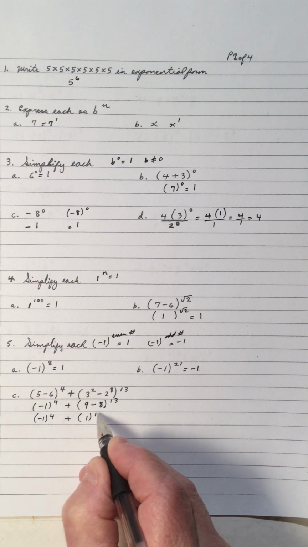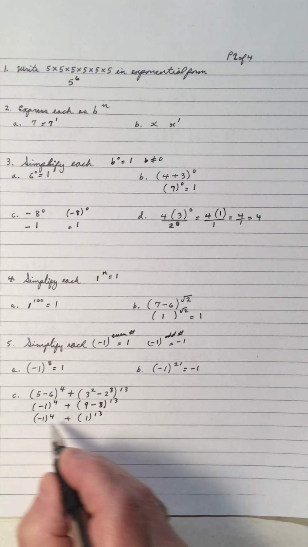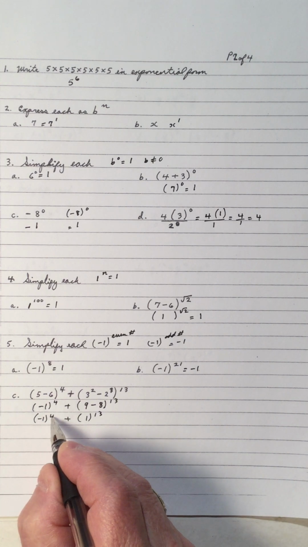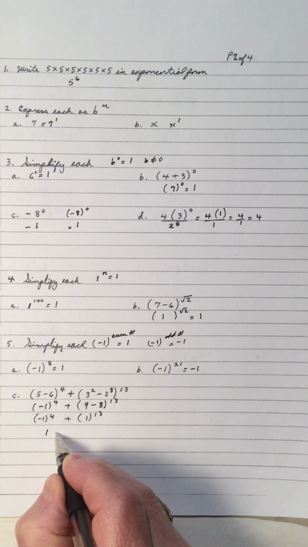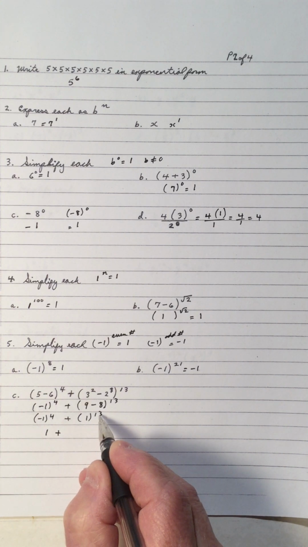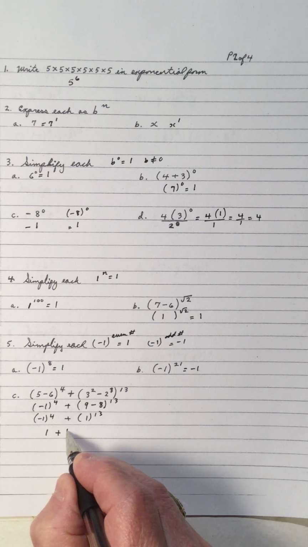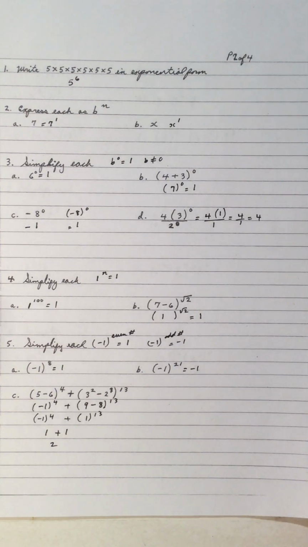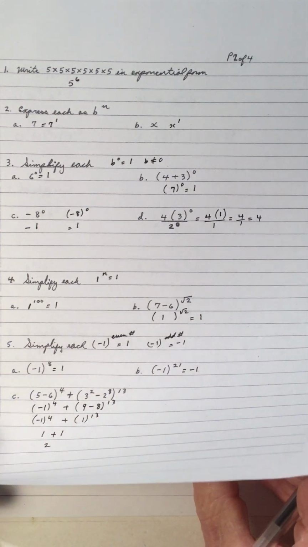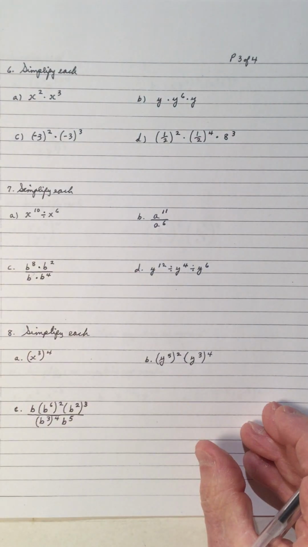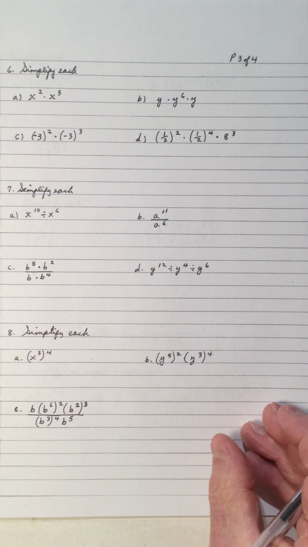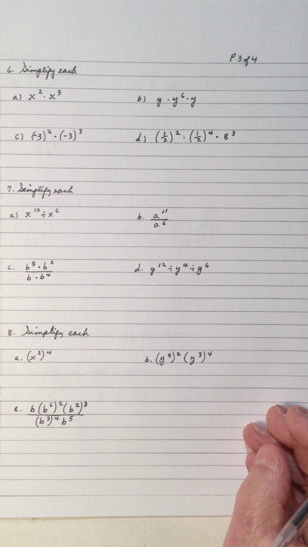So that's 1 to the 13th power. So negative 1 raised to an even power is 1. And 1 raised to an odd power is still 1, so that gives us 2. Again, I'm reviewing the exponent rules that we did earlier on in this section on pre-algebra.